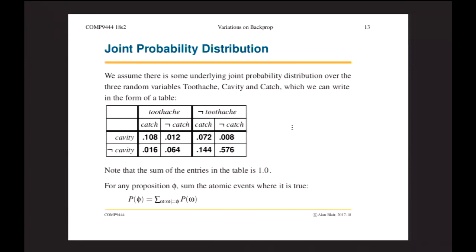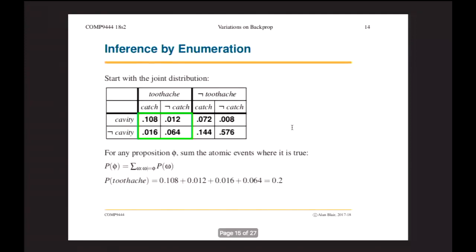So there are 8 possibilities altogether, and you can use this joint distribution to figure out all the individual probabilities. If we want to know the probability of having a toothache, we assume this is in a town where people eat a lot of sugary foods, so it's very likely for people to have cavities and toothaches.